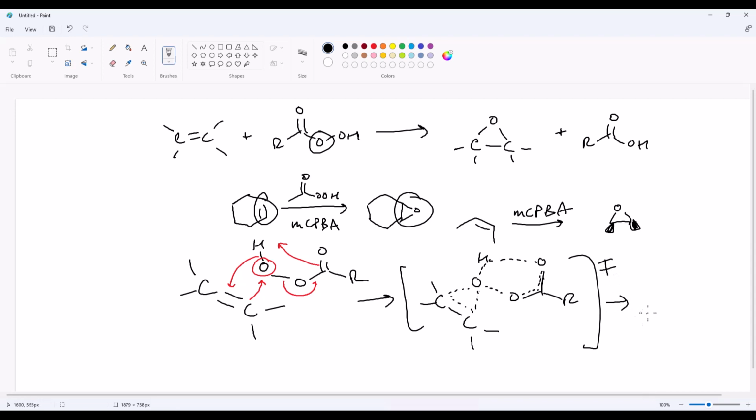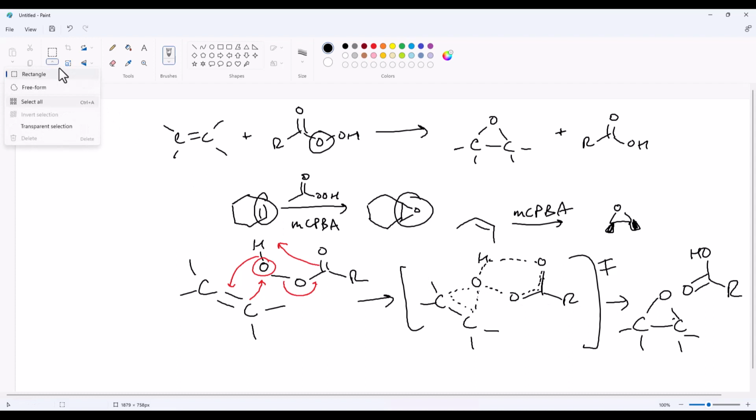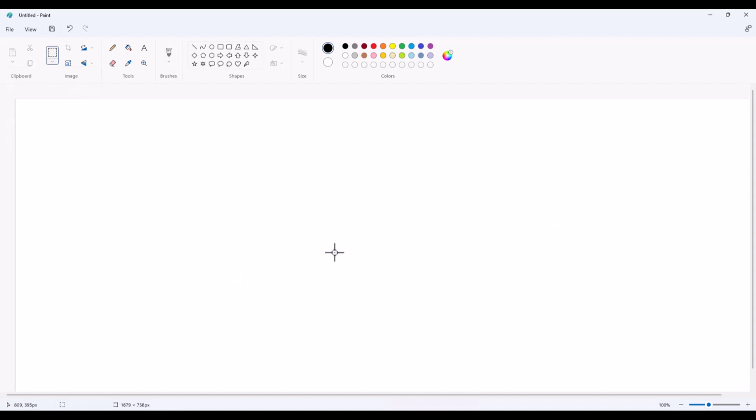And what we'd be left with is the epoxide plus, if we draw this in the way that we drew it up there, the carboxylic acid that is released. Not necessary that you can redraw this reaction mechanism, just interesting to see if you're interested, and it would be important moving forward in chemistry classes.